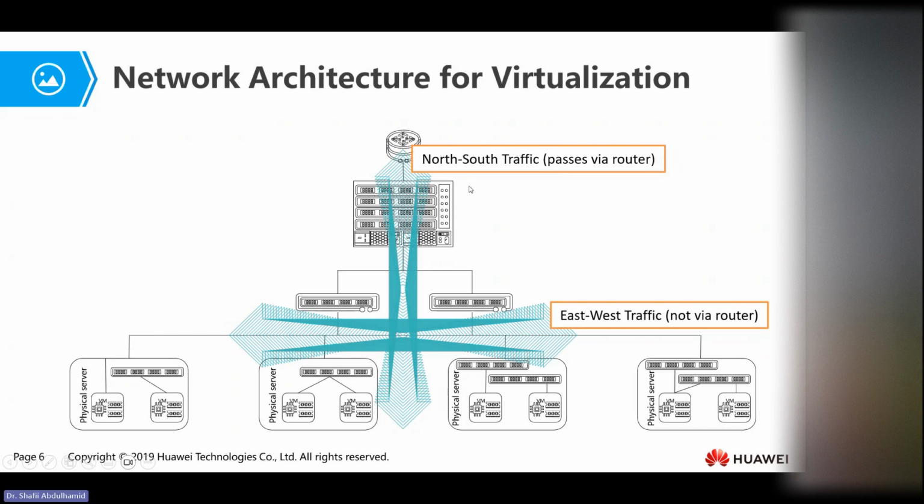And then we have the layer 3 switch. The layer 3 switch is the switch basically that connects the router with the remaining network. And of course, we have the layer 2 switch. This is a switch that connects other subcomponents of the network with the layer 3 switch.